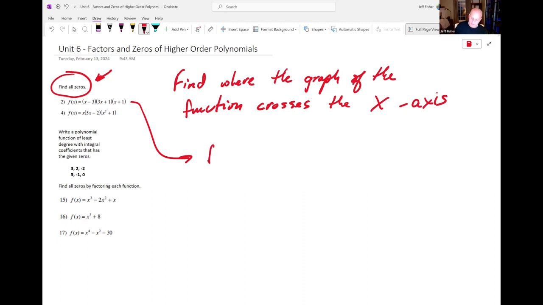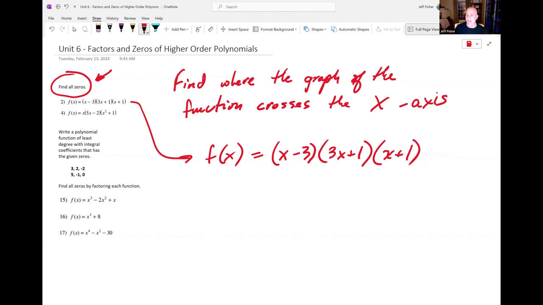If we have f of x, a function, made up of the following factors: x minus 3, 3x plus 1, and x plus 1, we know that it's going to cross the x-axis whenever f of x is 0, right?